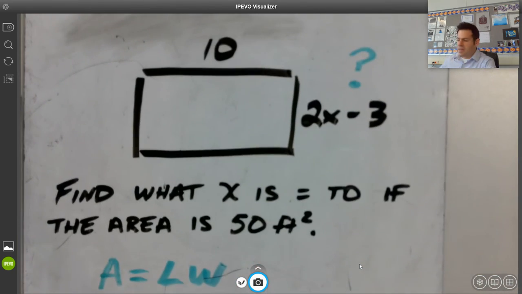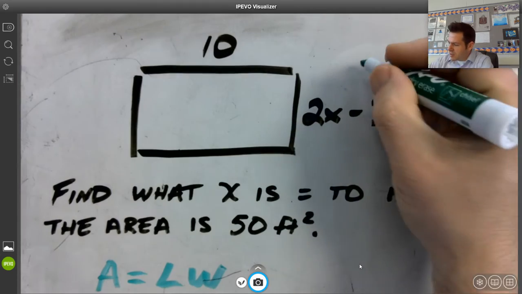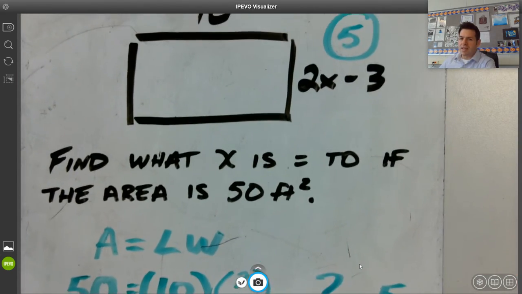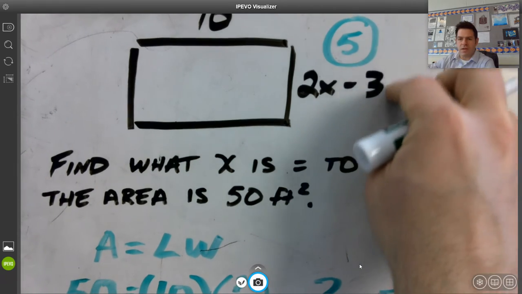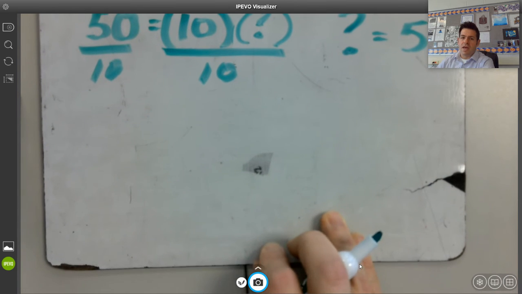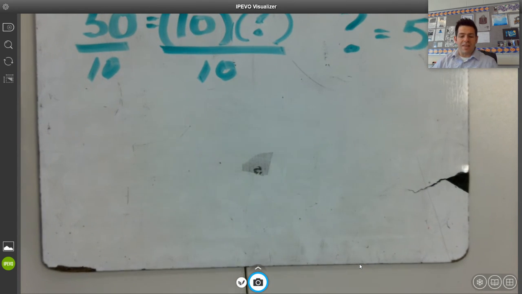So if this side right here has to be a total of 5, that's not what x is equal to, I can take this information here, 2x minus 3, and knowing that the side altogether has to be 5, I can set up a two-step equation that way.